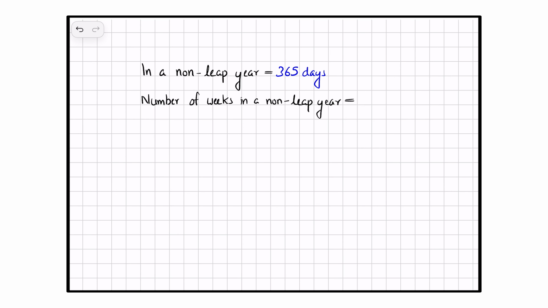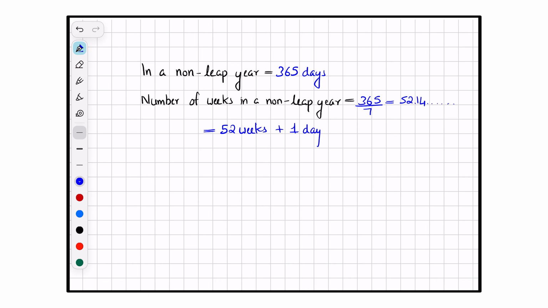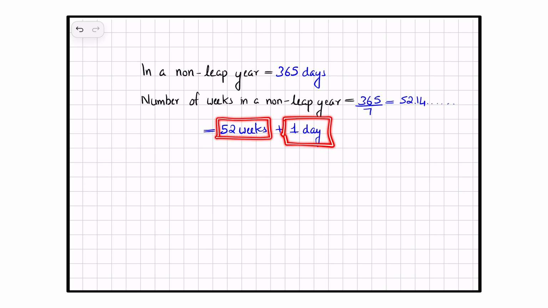So the number of weeks in a non-leap year we can calculate as 365 divided by 7. You will get something around 52.14, or we can write the same answer as 52 weeks plus 1 day. So in 365 days, we will have 52 complete weeks plus 1 day.